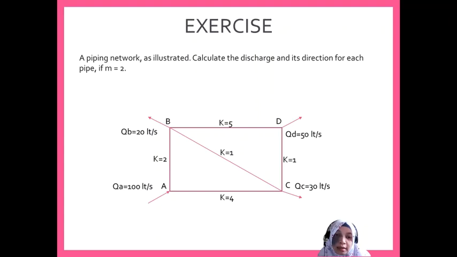And we can see that the pipes have no direction and magnitude given. So we can assume the direction and the magnitude of the flow in every pipe.